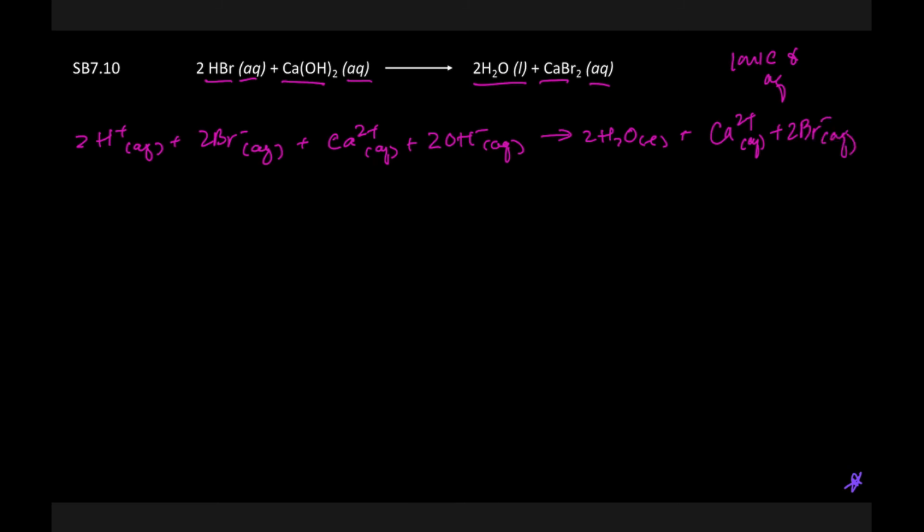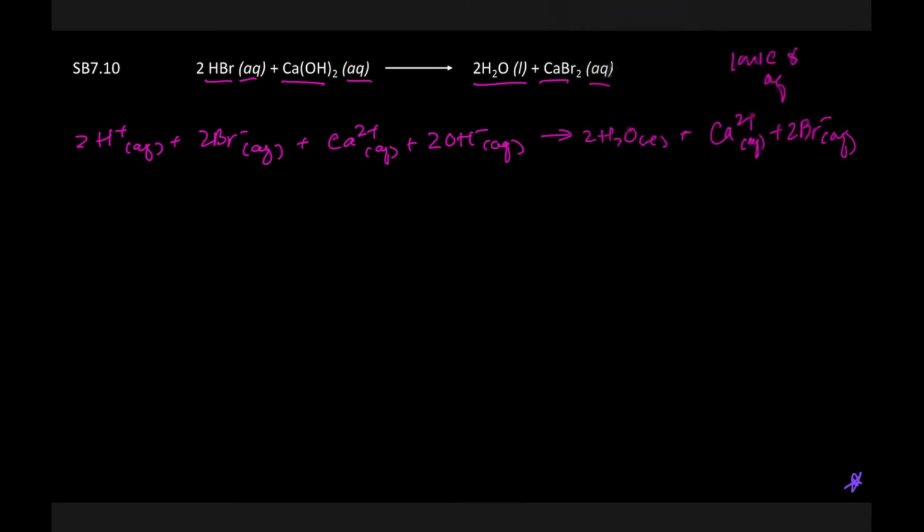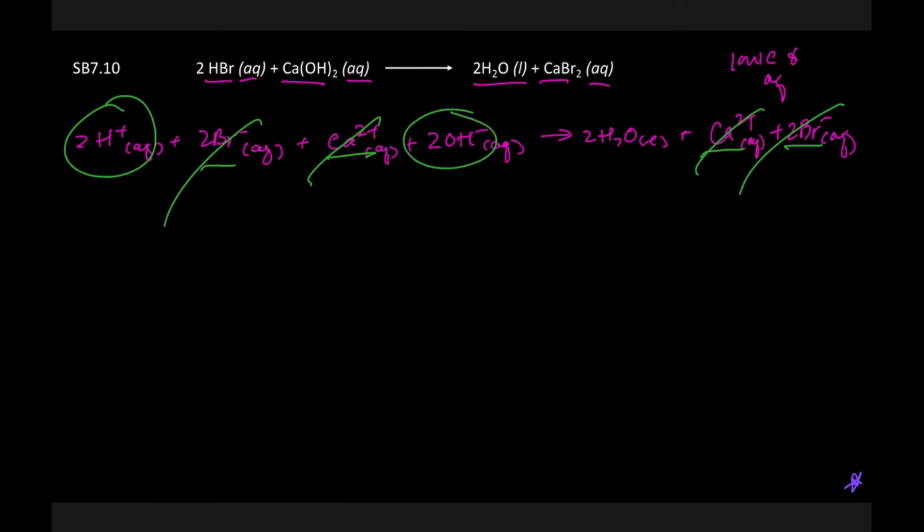Now, just like last time, we'll cancel the things that are exactly the same on both sides. Those are the same on both sides, and these are the same on both sides, which means that this becomes my net. So I have 2H plus aqueous plus 2OH minus aqueous gives us 2H2O liquid.